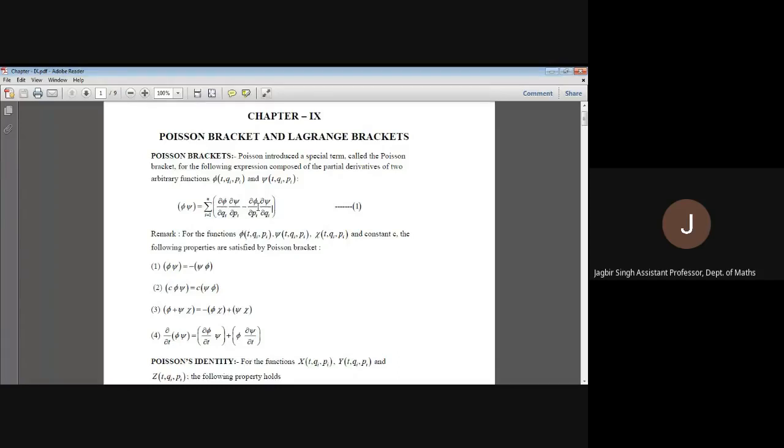So on the right hand side it will be summation i from 1 to n of ∂/∂t of the first function minus ∂/∂t of the second function. And now the first function is also a product of two functions, so the u into v method will be applied. Similarly in the second part, the u into v method will be applied. So on the right hand side two terms will be obtained.